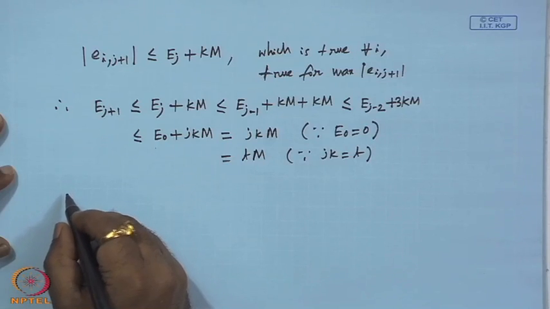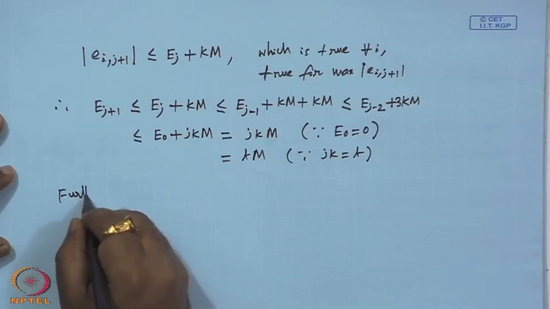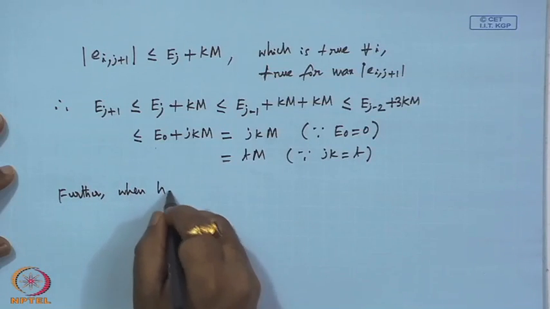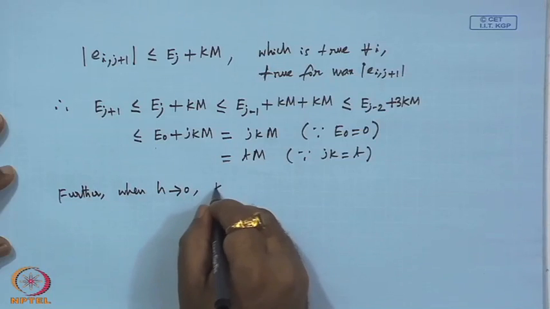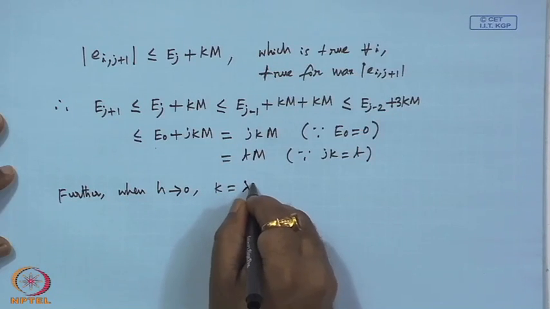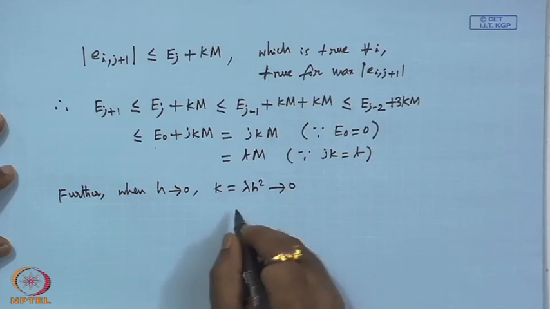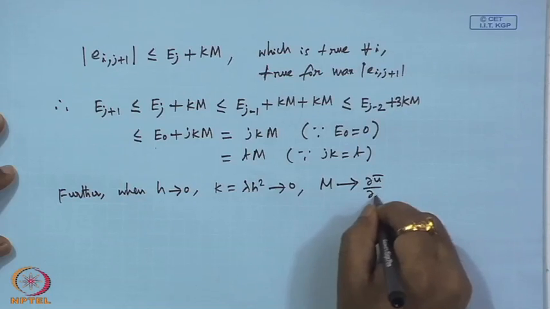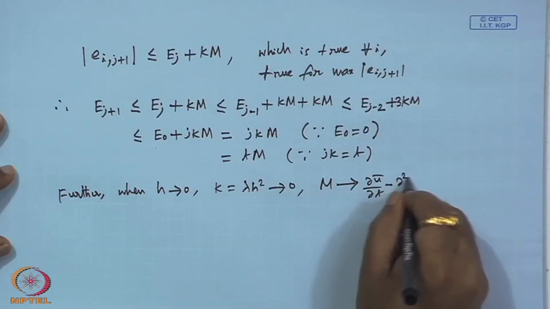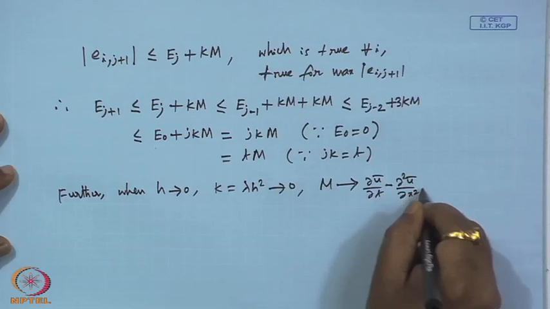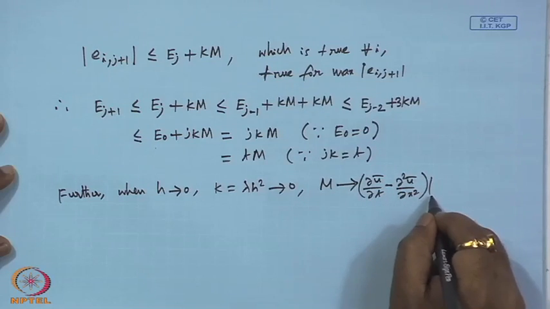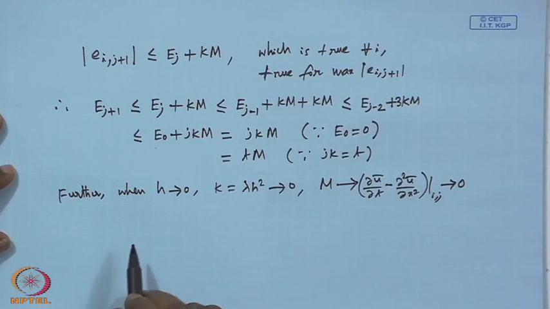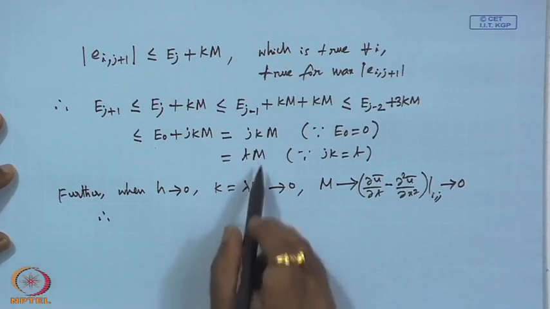Further, when h goes to 0, k equals lambda h squared goes to 0, and M, which involves the remainder terms at (i, j), also goes to 0. Therefore, M goes to 0.